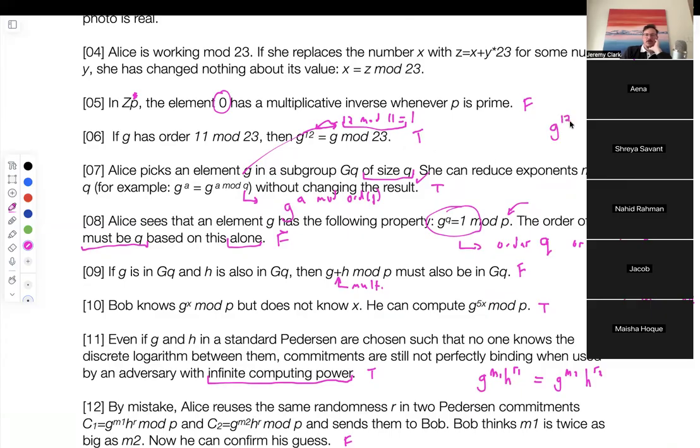So G to the 12 is equal to G to the 12 mod the order of G. So the exponent is 12 mod 11. 12 is one greater than 11, so 11 mod 11 is 0, and 12 mod 11 is 1. So this will equal G to the 1, which equals G.